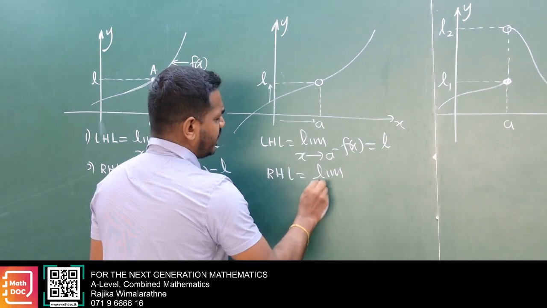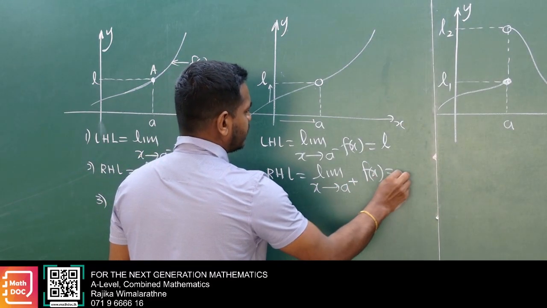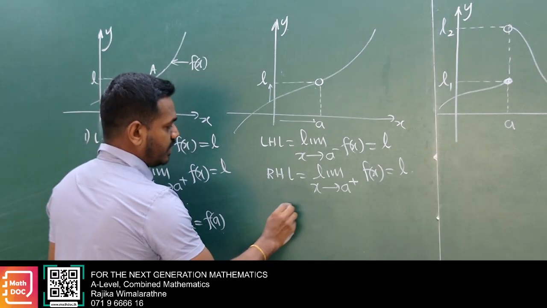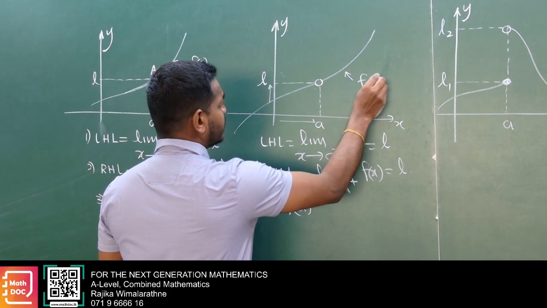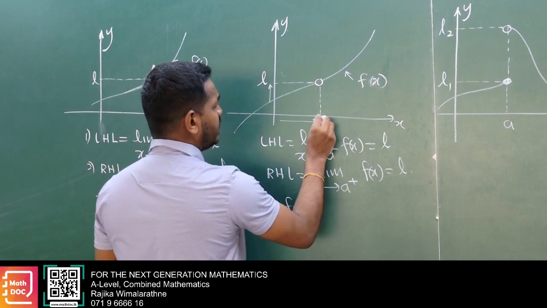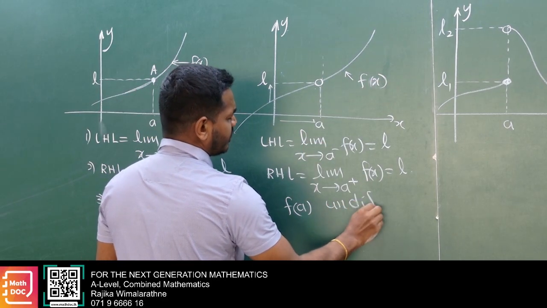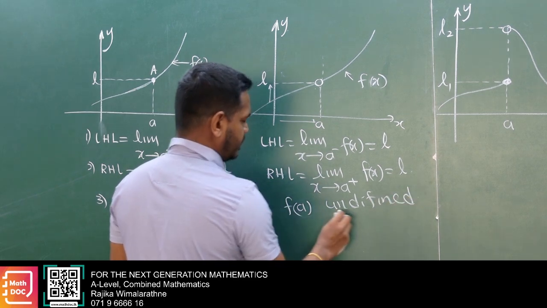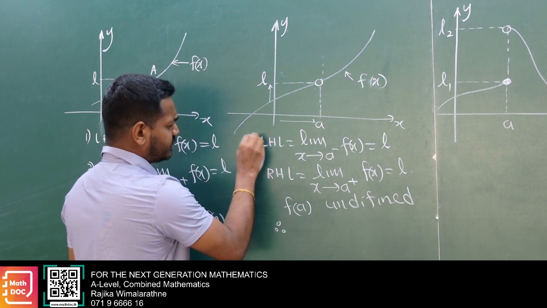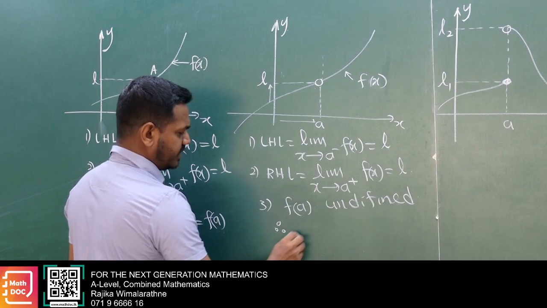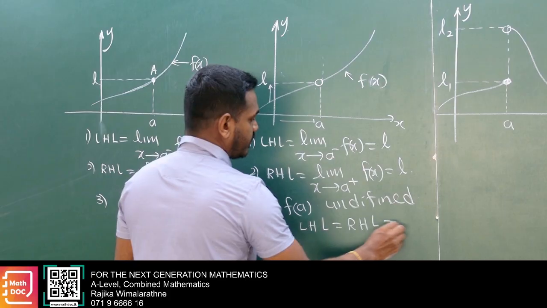The right hand limit, x goes to a plus of f(x), again L, but f(a) is undefined. Here function f(x), the value at a is undefined. Therefore, say here first point, second point, third point. Left hand limit equal right hand limit, not equal f(a).